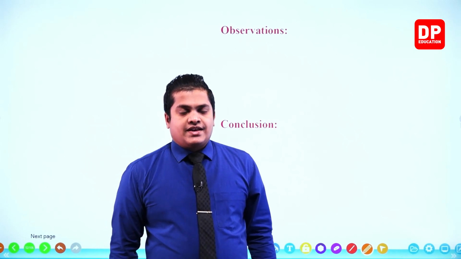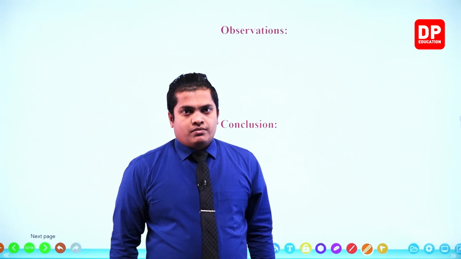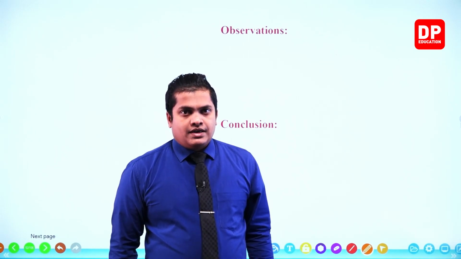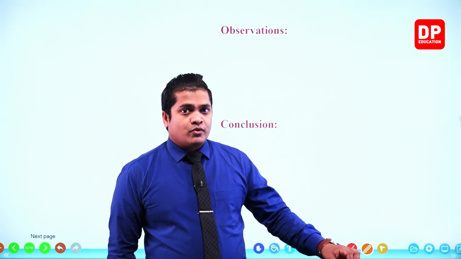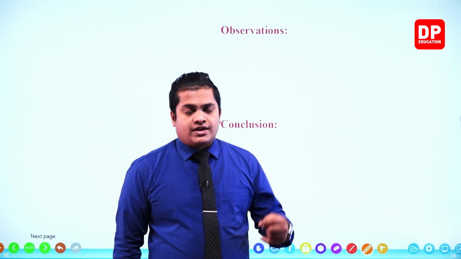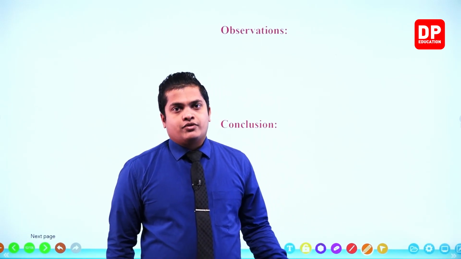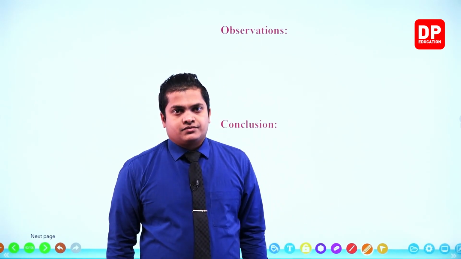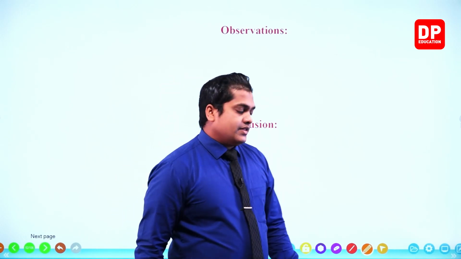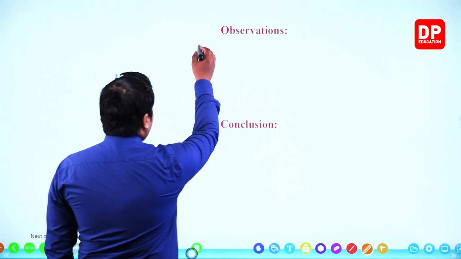So that is why we can hear the sound. And when I remove the glass surface or that reflective surface, I couldn't hear the sound. Okay, then we'll write down our observations.